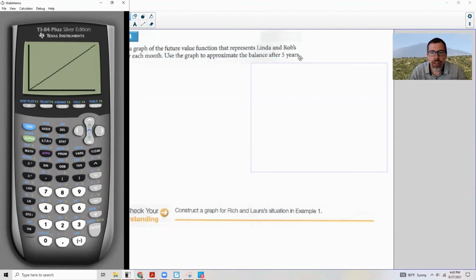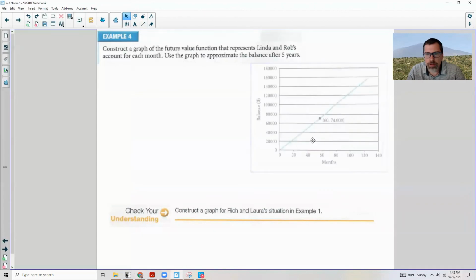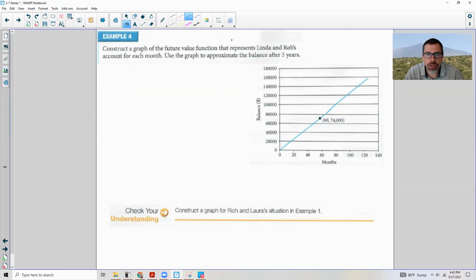There's the graph. And what it would look like zoomed up would be this here. Okay, so approximate what the graph value would be after 5 years. So after 60 months, which is 5 years, it would be approximately $74,000. So the way you would do that, just look here. 5 years is 60 months, go over, and it's about 70, and they approximated it to be $74,000.